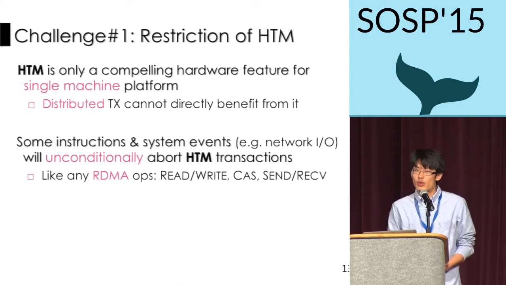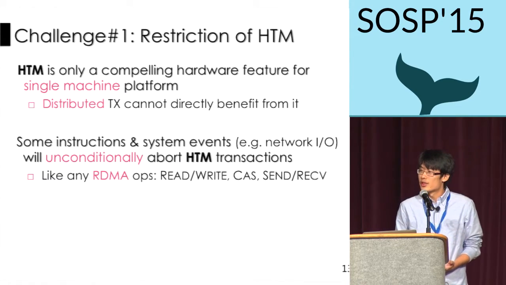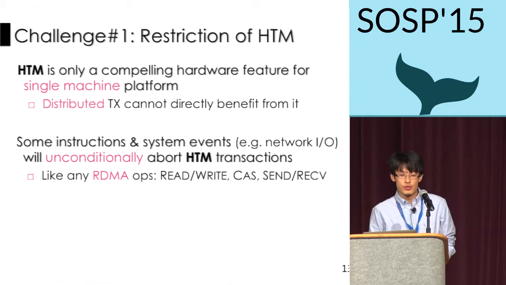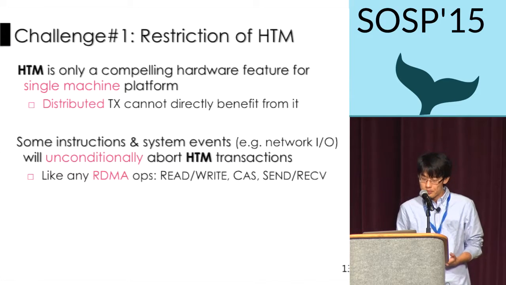Second, due to implementation restrictions of HTM, some instructions and system events, such as RDMA network requests, will unconditionally abort the HTM execution. So we cannot directly use RDMA operations inside an HTM transaction.